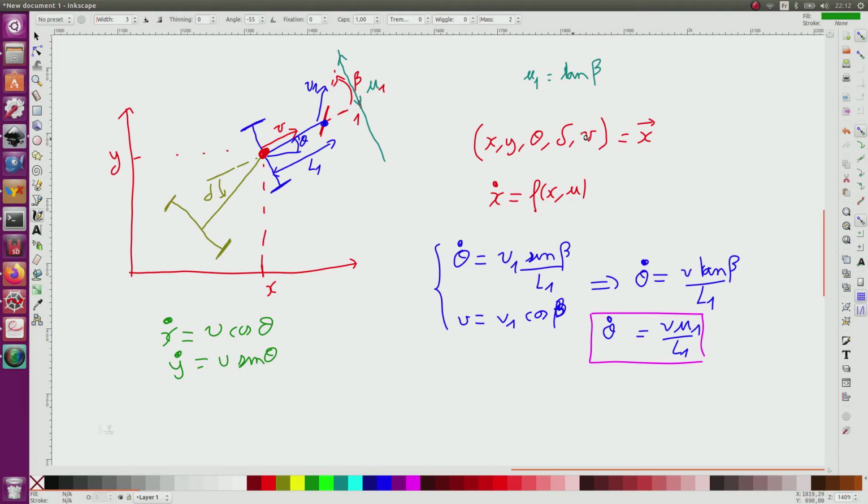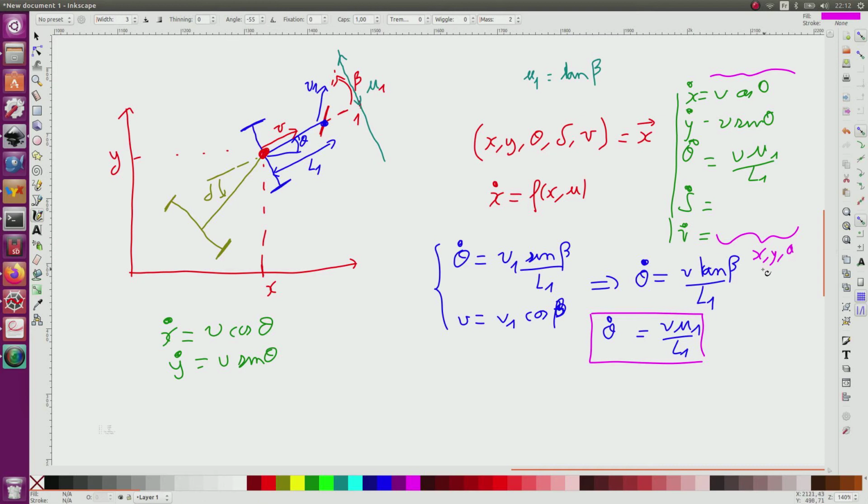So from this I have already x dot equal V cos theta, y dot equal V sine theta, theta dot equal V U1 divided by L1, and I still have to find delta dot and V dot, and recall that in all these relations I am only allowed to have the state variables and U1, U2.